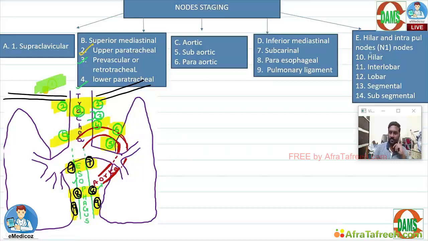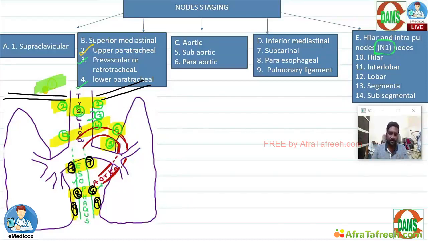Very, very important. There are 3 stations: N1 station, N2 station, N3 station. That I will show you in a while. These hilar and intrapulmonary nodes, numbered 10 to 14, are also called N1 nodes.